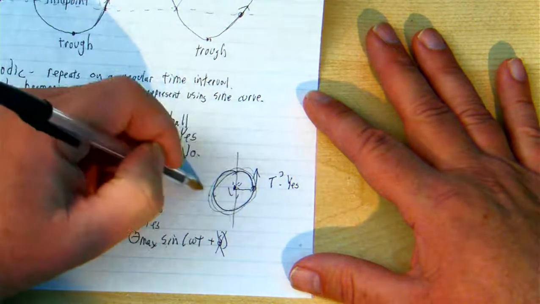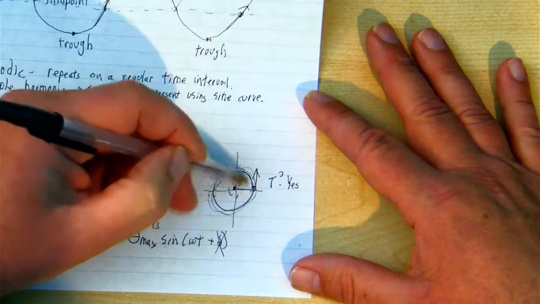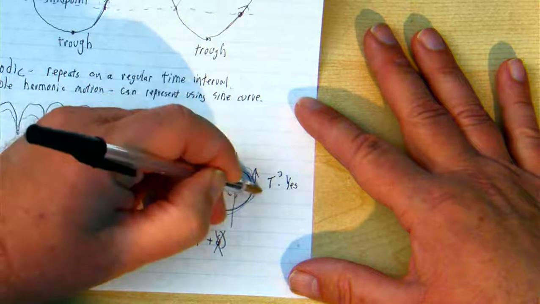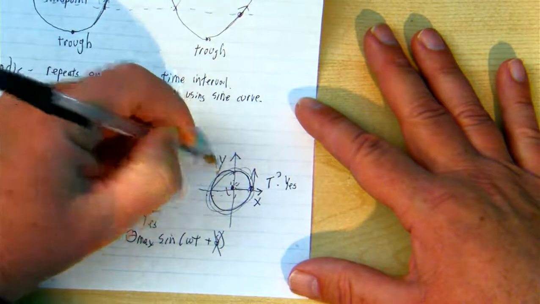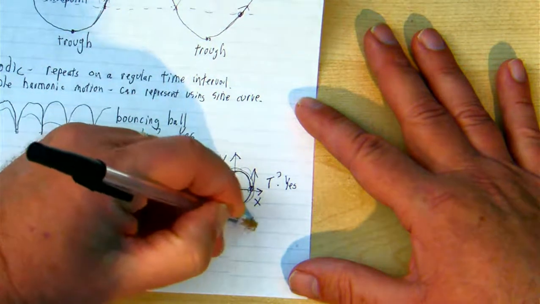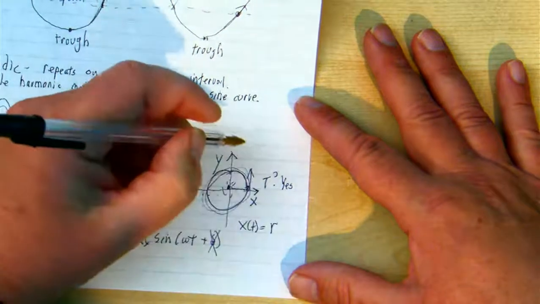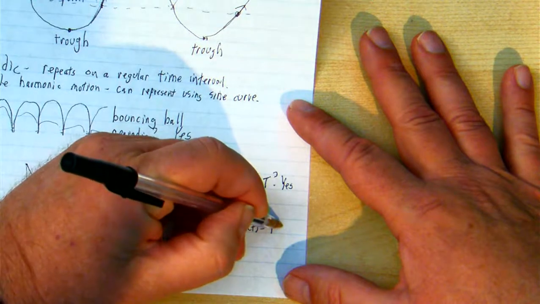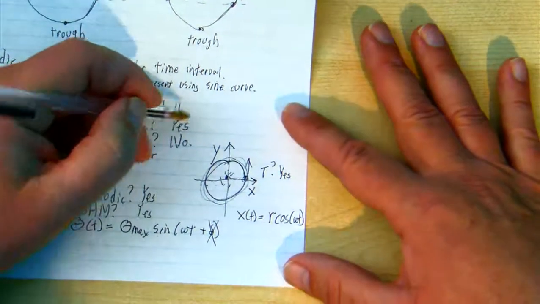Well, it is in each of two dimensions independently. So if you remember from math class, you could have a Cartesian coordinate system with an x-axis and a y-axis. The x-coordinate can be represented by the radius of the circle times, let's say, the cosine of its position as a function of time.